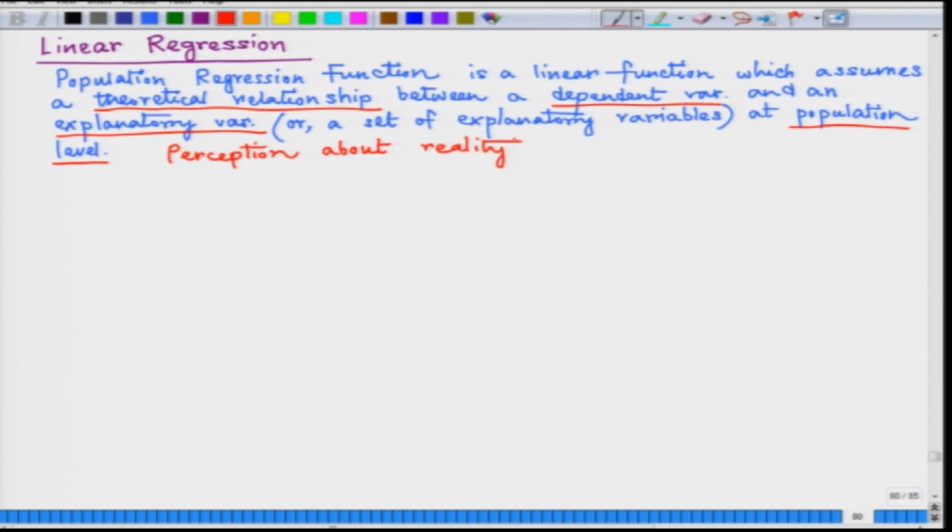Okay. Now, whether this perception about reality is actually the case or not needs to be tested, and econometrics does so.